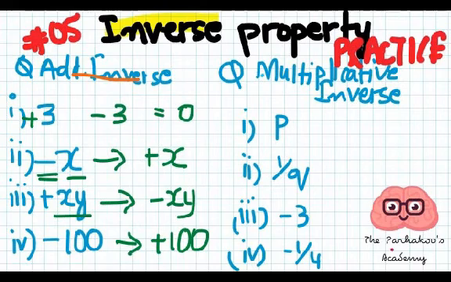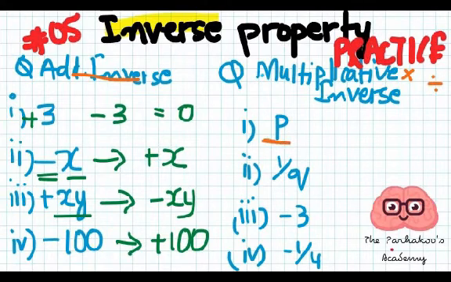Now let's try for the multiplicative inverse. As I said, you can understand that multiplicative inverse is the opposite, and the opposite of multiplication is division, and we will take it in that form. Multiplicative inverse is that value which, when multiplied with the given number, yields 1, right?